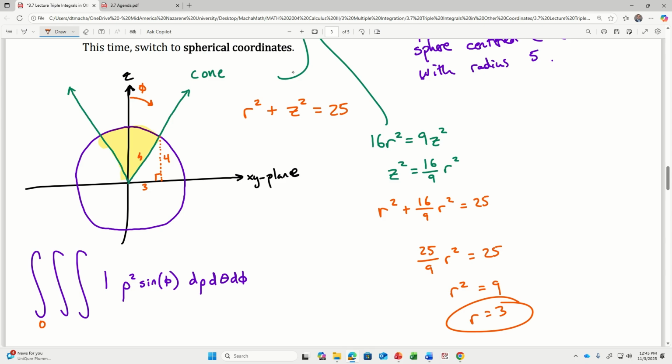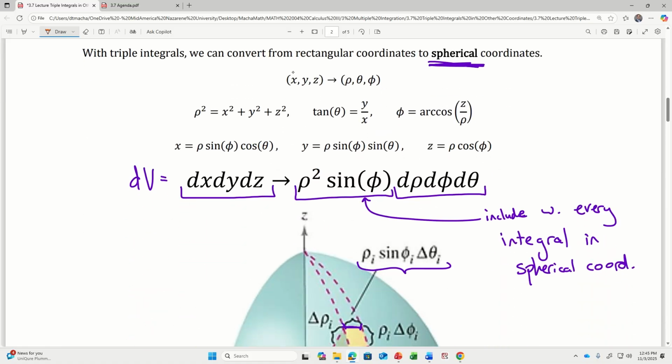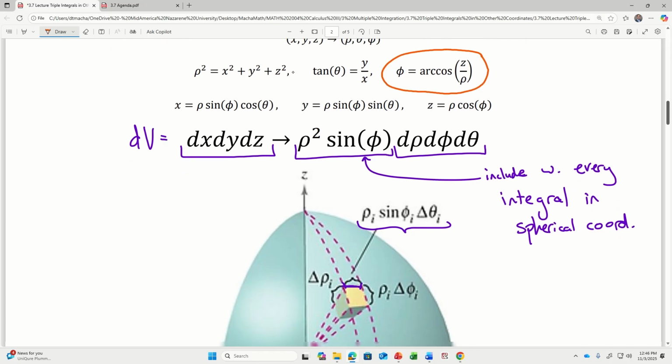Isn't it the arctangent of 4/3? Yes, it is. So right here, if you want phi, you could either do the arctangent of y over x. No, that's wrong.